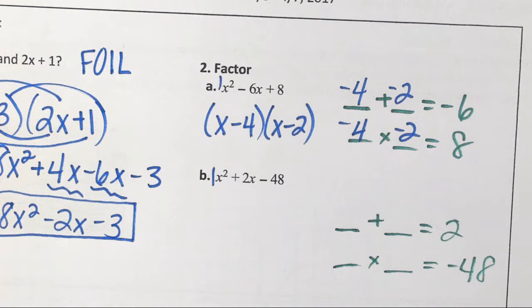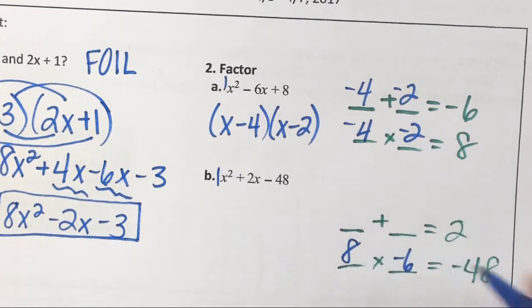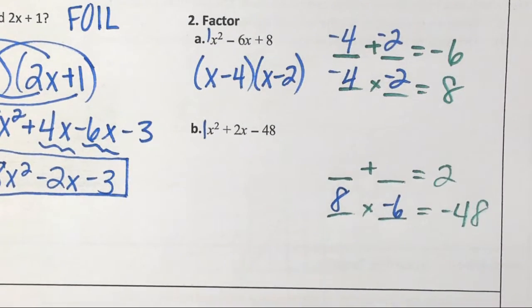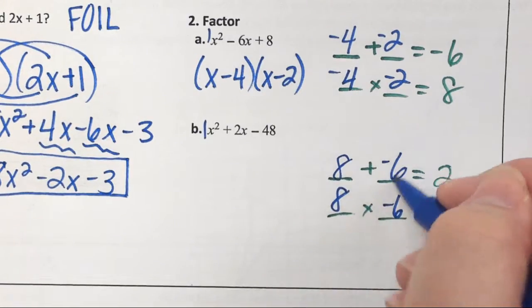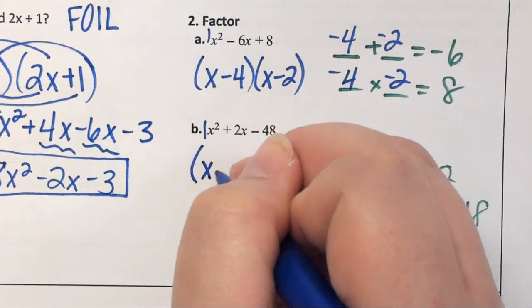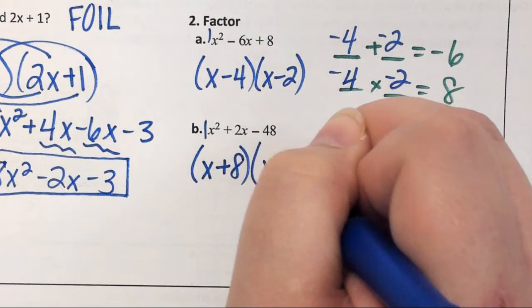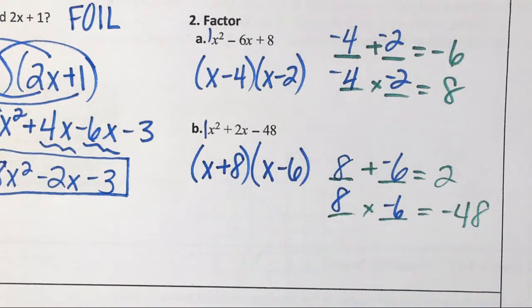Danny's right. We would pick 6 and 8 because they're only 2 apart. So 8 times negative 6 gives me a negative 48. Meanwhile, 8 minus 6 is positive 2. So since I chose a positive 8, one factor is x plus 8. Since I chose a negative 6, my other factor is x minus 6. Are there any questions about this?